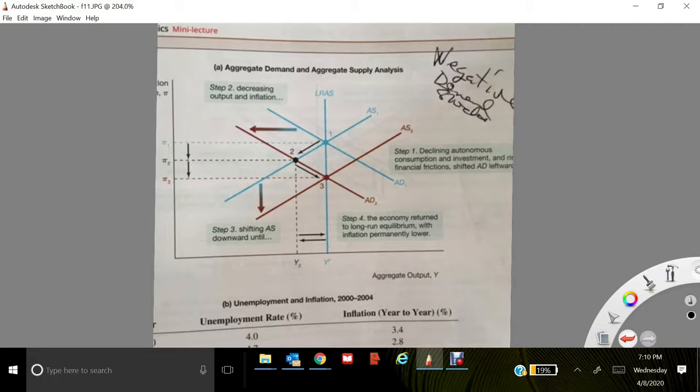All these things were causing negative demand shocks. So originally we were here at potential output. The demand curve shifts to the left. We move along our aggregate supply curve.